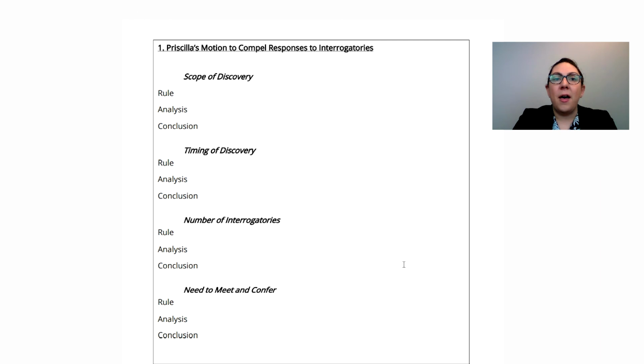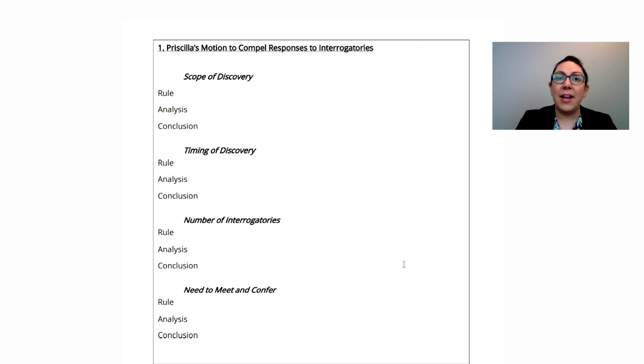So a good rule of thumb is anytime you have a piece of a rule, it may need its own sub-issue. You will see the same thing in high-scored answers for negligence, for instance. You have an overall rule statement that talks about the elements of negligence being duty, breach, causation, and damages.